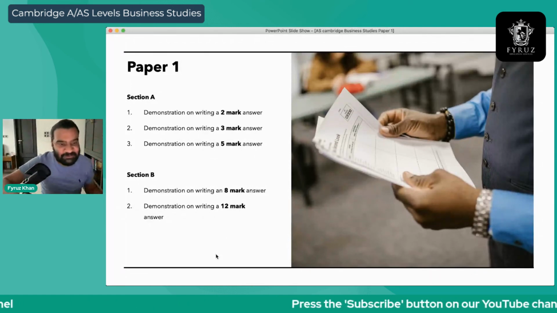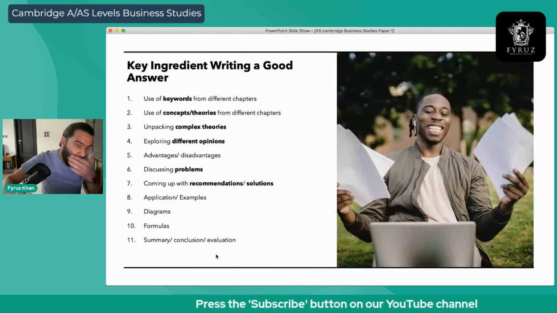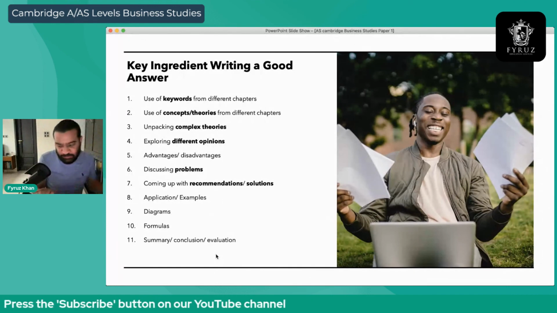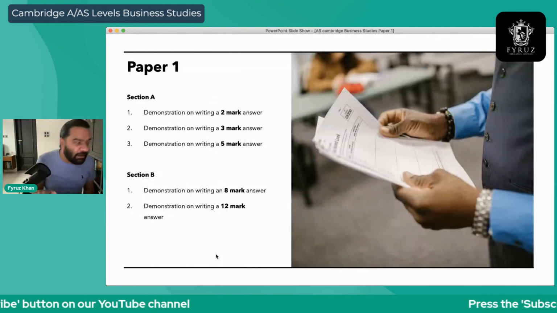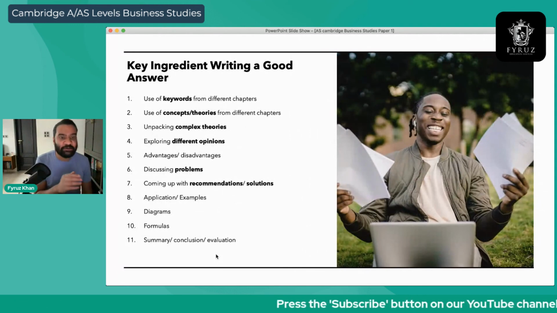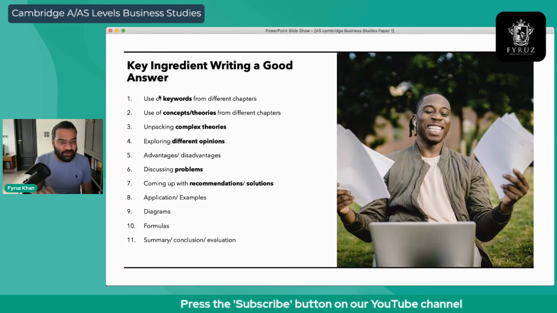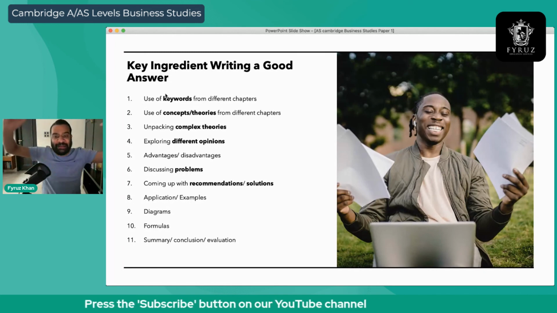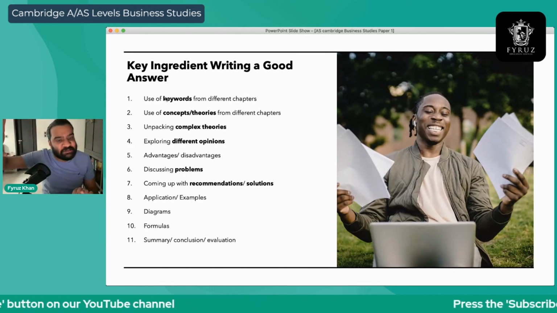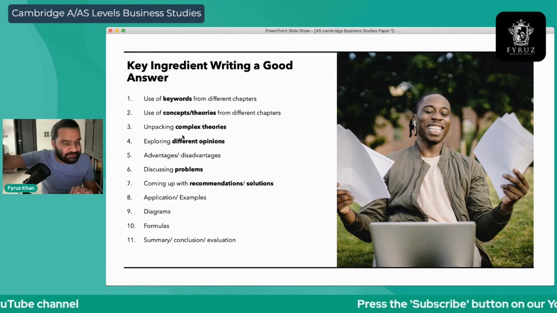Oh, it's here. Excellent. Okay. And so now, if you ask me what the key ingredients of writing a good answer are, I would say: think about keywords. You need to have keywords. Not only keywords, you need to connect them and explain them. You need to talk about concepts and theories. We've seen generalization does not work.